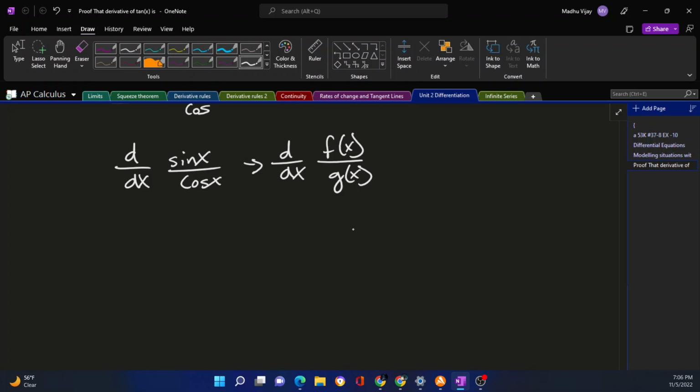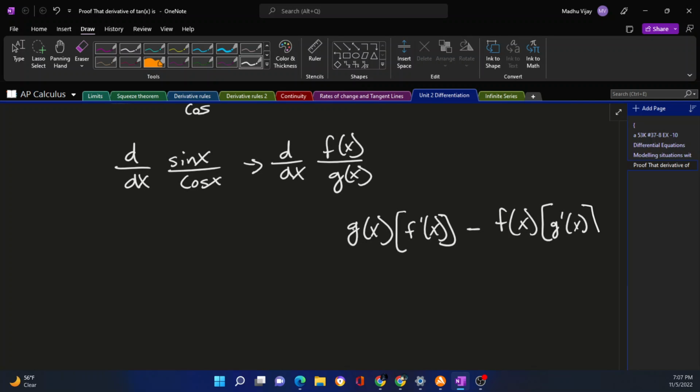The quotient rule basically tells us that we need to take the derivative of the top function, which is f prime of x, multiply it by the bottom. I'll write it in a separate way actually. We write down the bottom function, multiply that by the derivative of the top function, which is f prime of x, and then we subtract that from the top function multiplied by the derivative of the bottom function.